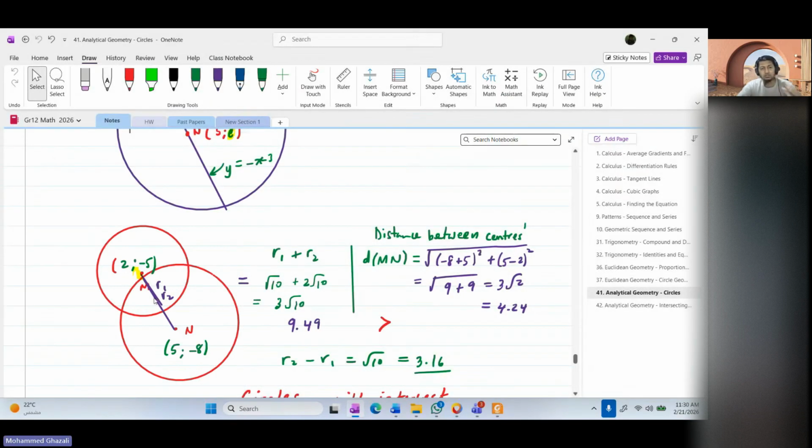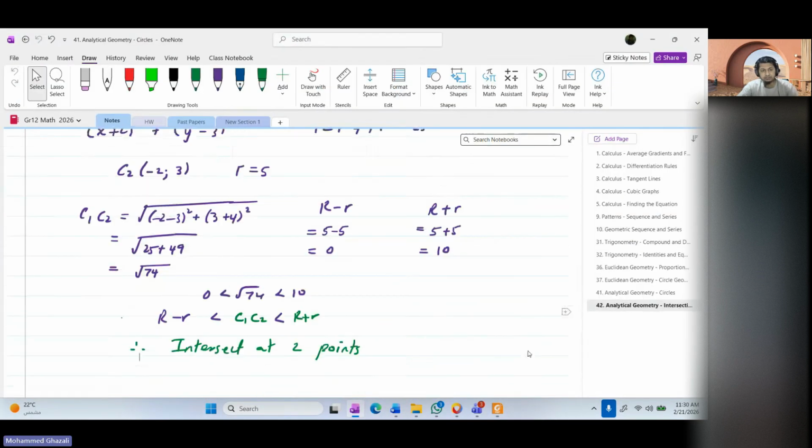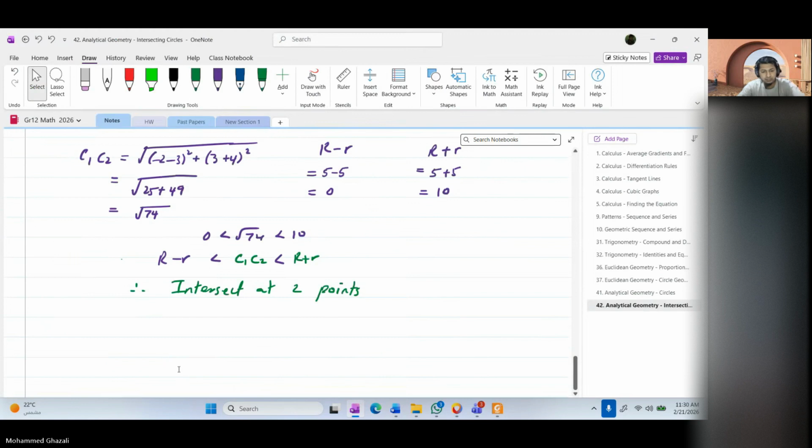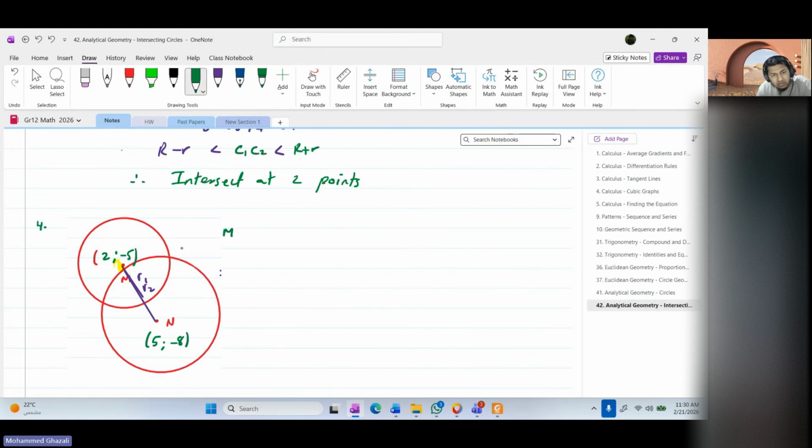So radius 1 was root 10, and so this was a question. So we had circle M and circle N. The coordinates of M was 2 and -5, and the coordinates of N was 5 and -8, right?